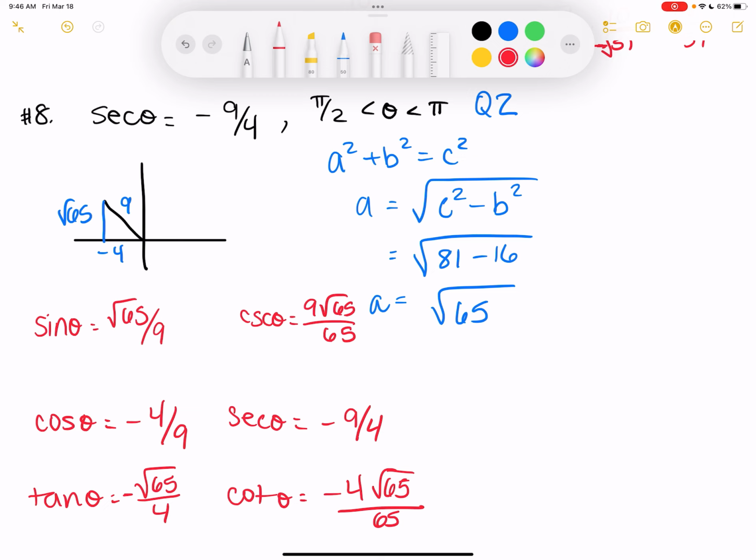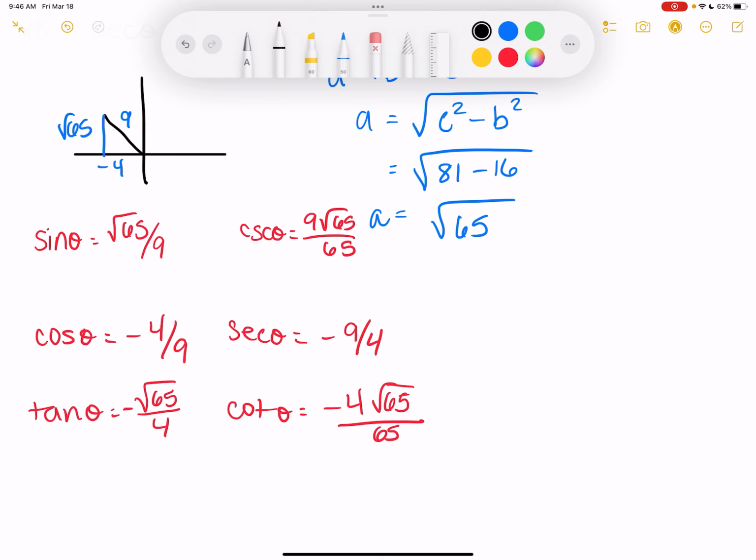Okay. Let's do some simplifying problems. That'll actually use these identities. And the thing about these is they're similar but different. Which I know you're like, what?